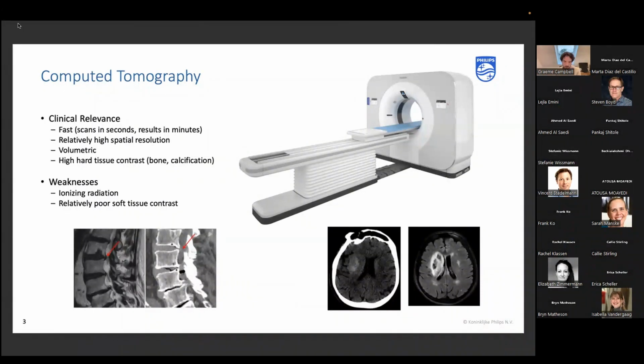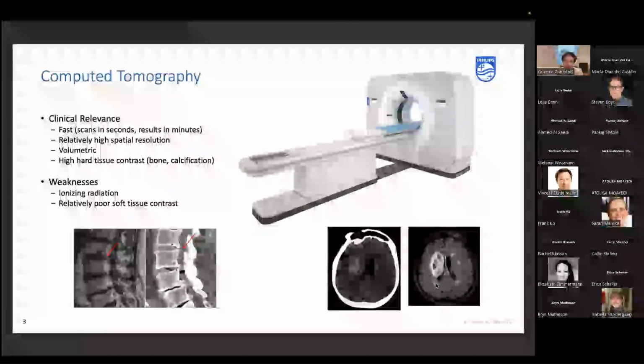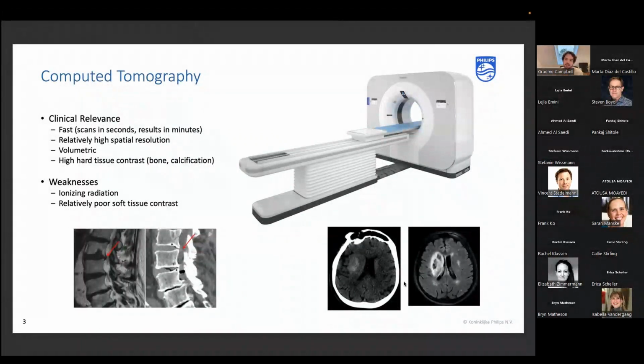So, for example, this image here, where you see in the MR image a herniated vertebral disc quite nicely. I don't really see that in the CT. And also with just a picture with the brain, you can see already, okay, a lesion, you can see it, but just characterizing it or getting gray and white matter differences, or subtle lesions are often missed with CT.